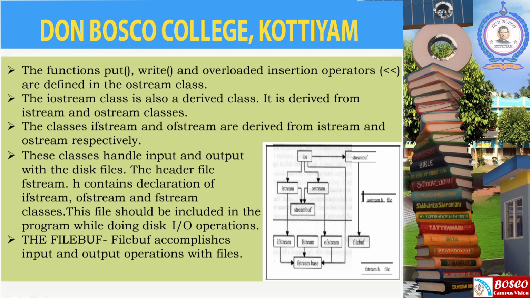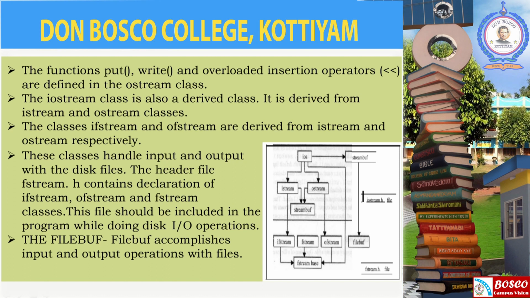So iostream is a derived class, that is it will be having the properties of istream as well as ostream. That is why when we write the program, we will be writing only one header file, that is iostream.h. That is it will be supporting the input stream as well as the output stream.